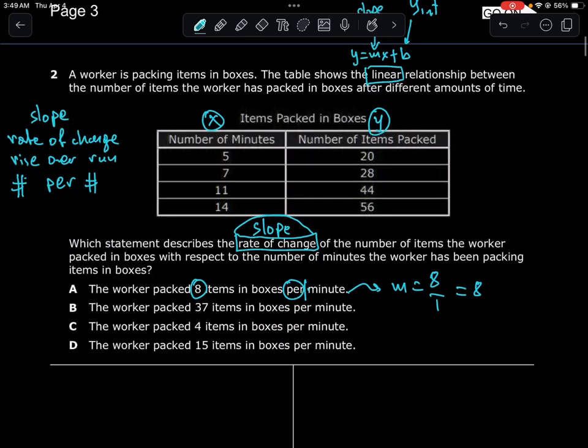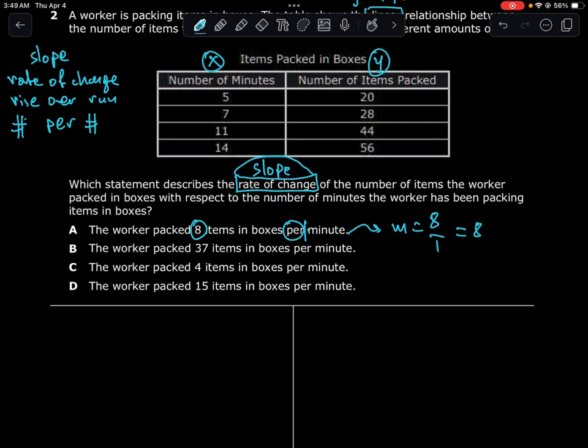Okay, what is the slope in the second? It's 37 items in boxes per 1 minute. That's just 37 over 1, which is 37. And the other option is 4 items per minute. It's 4 per 1, which is 4. 15 items in boxes per minute. That's 15 per 1, which is just 15.